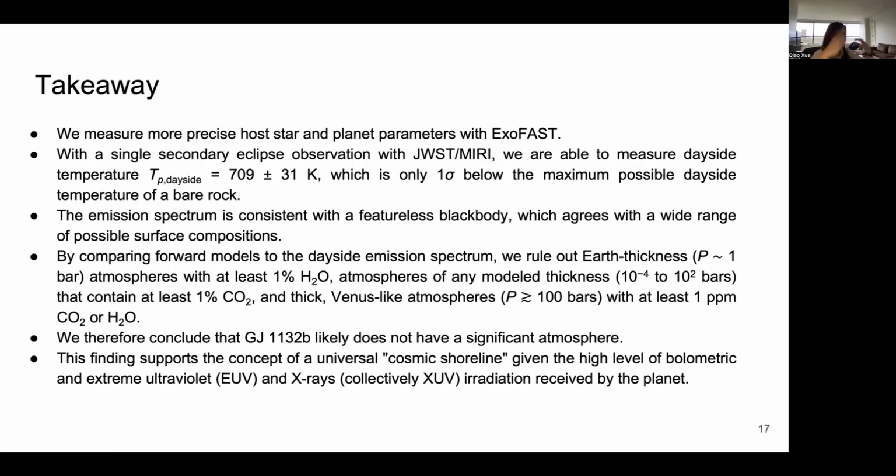Based on these results from the white light curve analysis, from the previous transmission spectra, and from our emission spectra, we conclude that GJ1132b likely does not have a significant atmosphere. And this finding supports the theory of a universal cosmic shoreline, because GJ1132b should have received a high level of bolometric and EUV radiation.